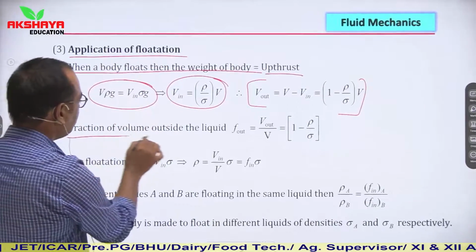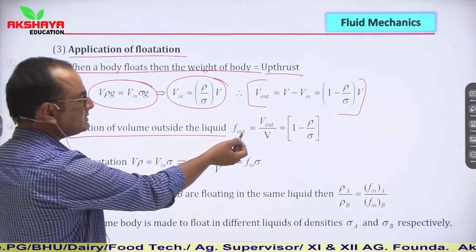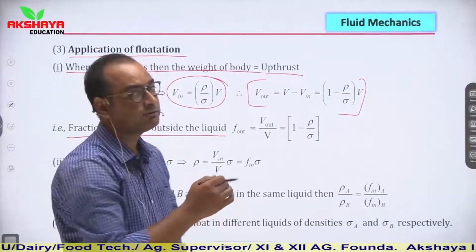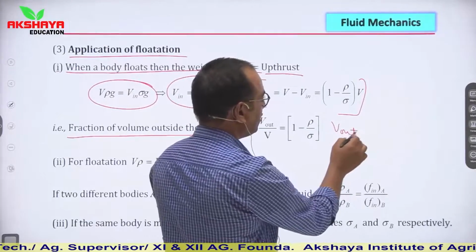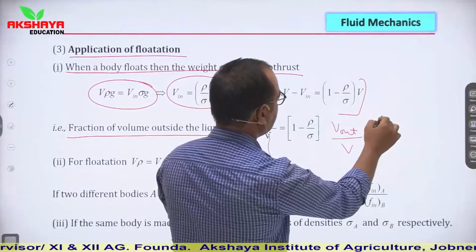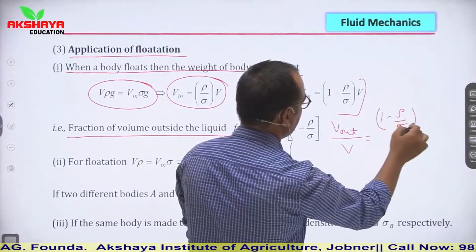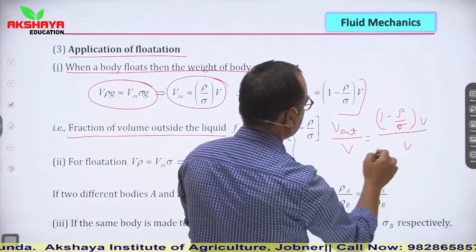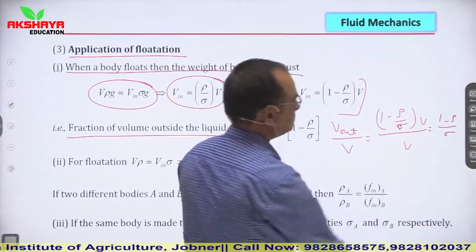That is the fraction of volume outside the liquid, F out. The fraction can be found with respect to the actual volume, meaning V out, the volume outside the liquid, upon the total volume. So V out is 1 minus rho upon sigma into V, upon V. So it is 1 minus rho upon sigma.